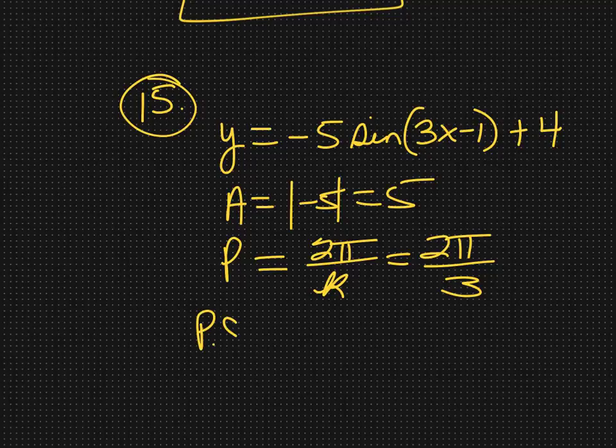We have a phase shift of negative c over k. And the c is the other number in the parentheses there, in this case -1. So negative c would be -1 over k would be positive 1/3.